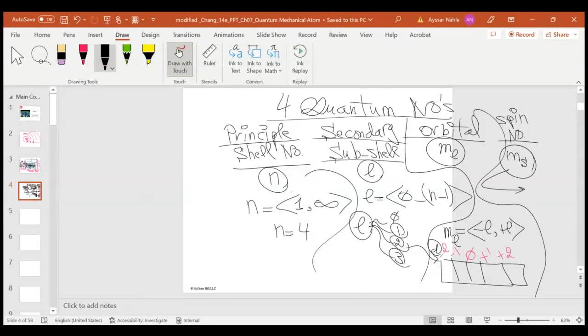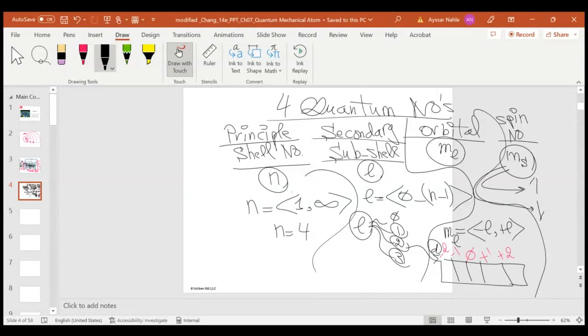And the ms, how many electrons can live in each orbital? 2. One's bed is opposite to the other bed, right? So one is going to move up, and the second one is actually going down.